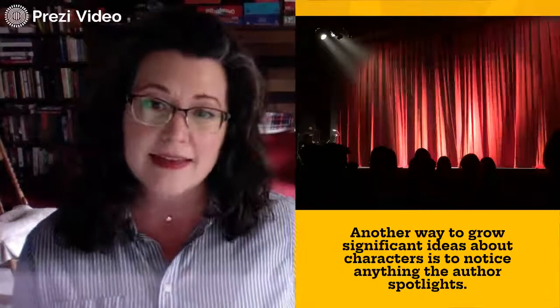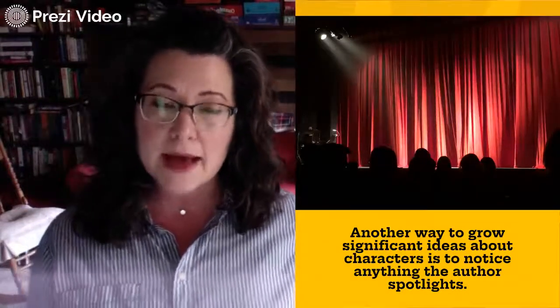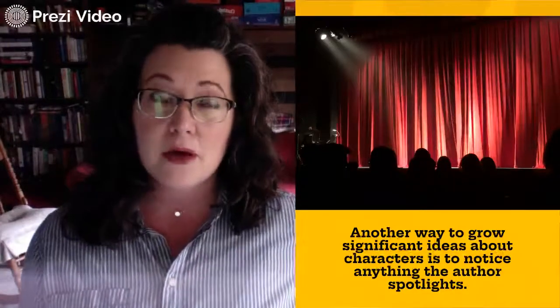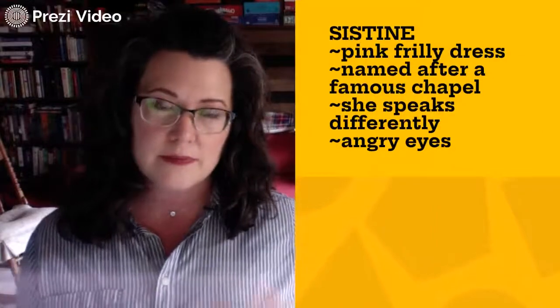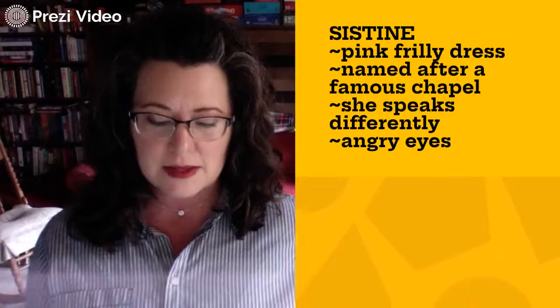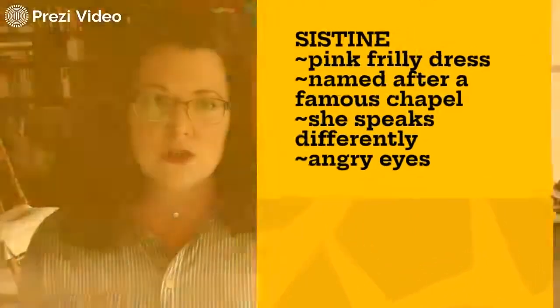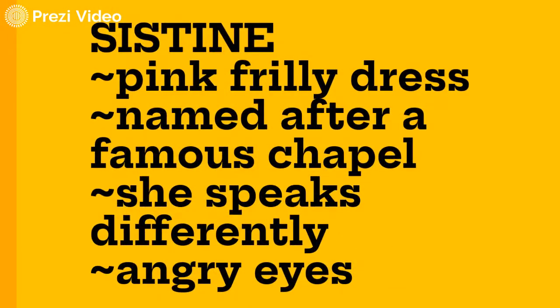Okay, so let's try this with Sistine. I'm going to model for you the way that I try to develop theories about characters using this. So let me zoom into this work that I've put together about Sistine. I tried to think of some things that I've noticed throughout the book about Sistine that stand out to me about her.